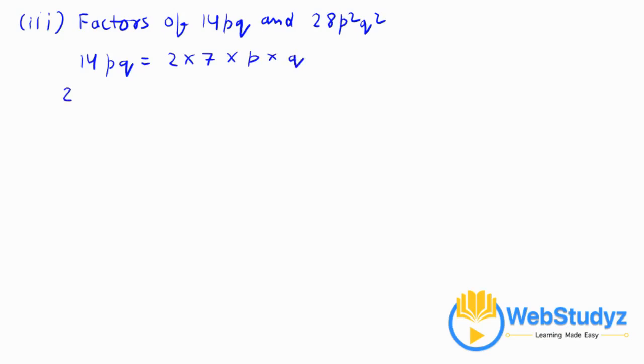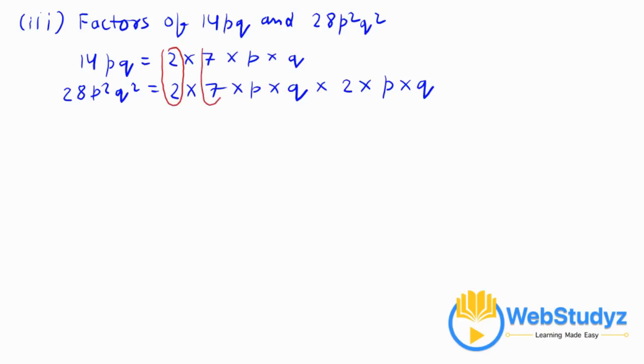Similarly, factors of 28p square q square will be 2 into 7 into p into q into 2 into p into q. As we can see, here we have common factors 2, 7, p and q.